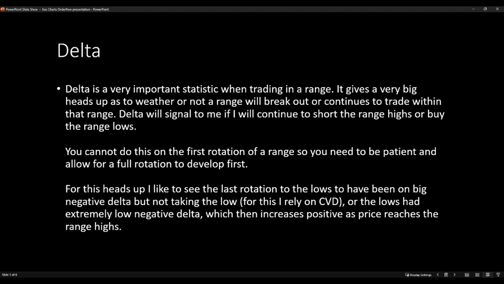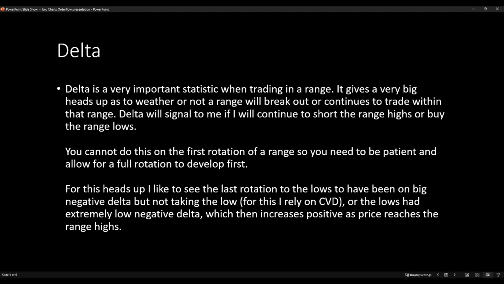But I know in this group, we look for divergences with the RSI. So when I say CBD, just think of it like an RSI, right? So when price is making a rotation down to the lows, you see negative delta coming in, but price is not taking that low, and it's creating that bullish divergence.